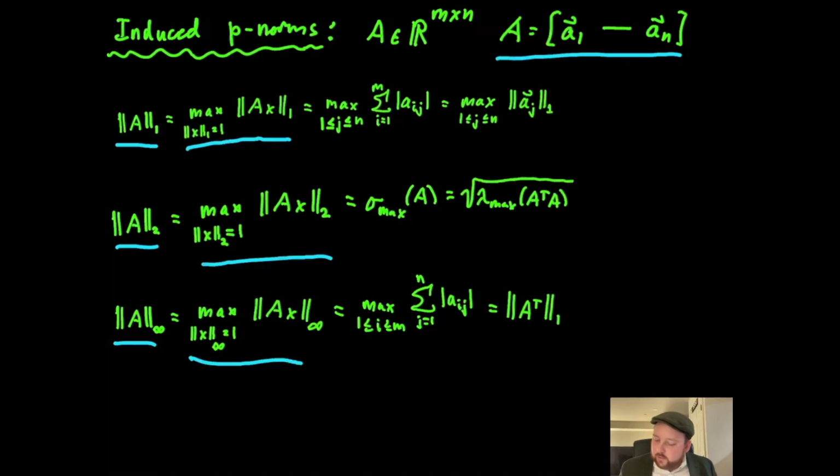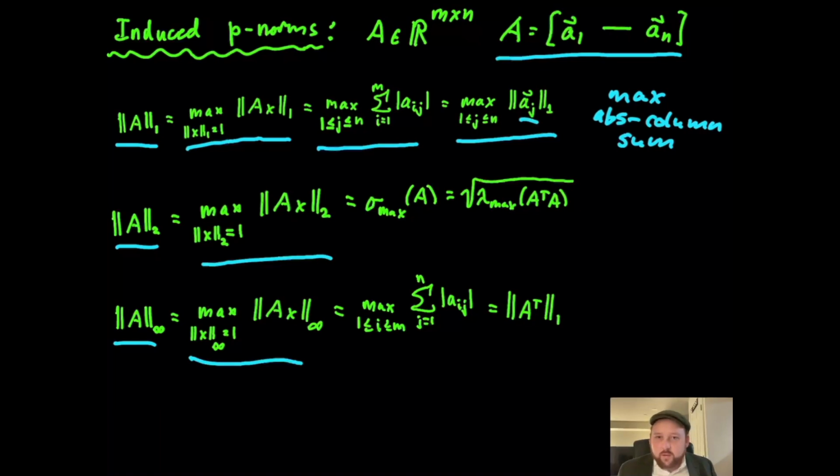The first line says that the matrix 1 norm is equal to the maximum absolute column sum: I take the absolute value of all the entries and then look at the maximum column sum. I can write it like this: I look at all the column vectors Aj, take their 1 norm, and then take the maximum of that over all of the columns.